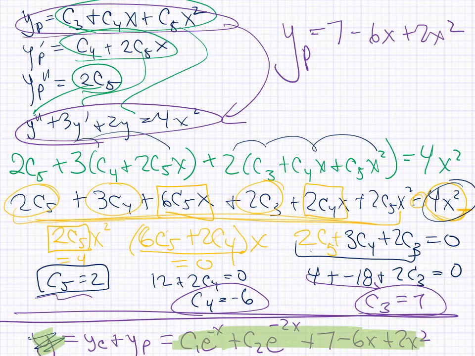One thing you'll see done, and it's silly, is they'll change the y sub p to be A, B, and C instead of c3, c4, and c5. Some people like to look at it that way. Like I said, this is very akin to what you did in partial fraction decomposition when you were trying to find the coefficients.